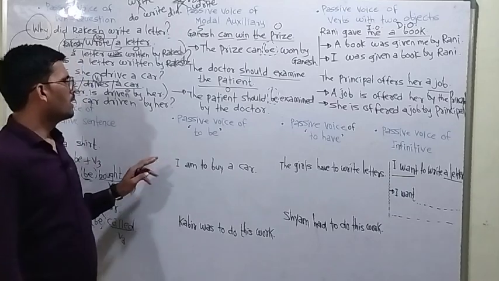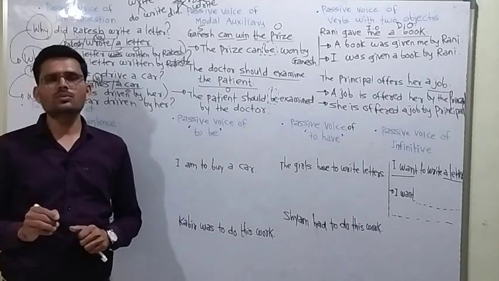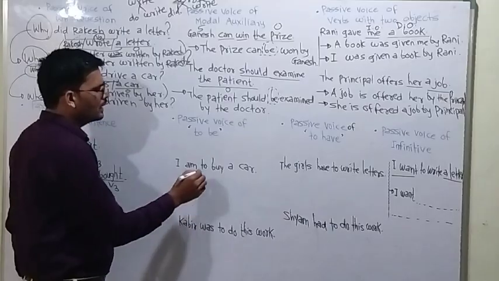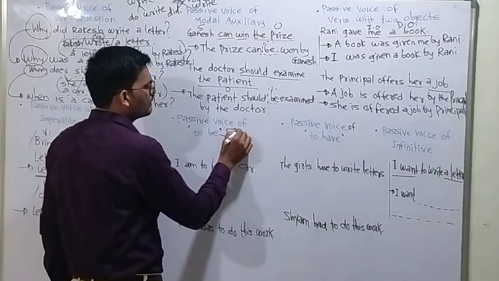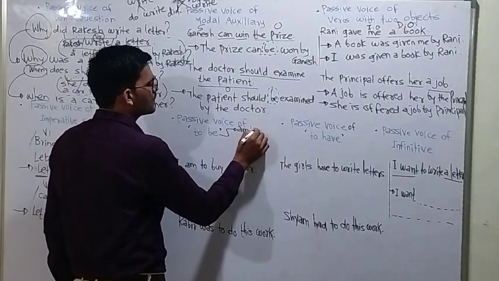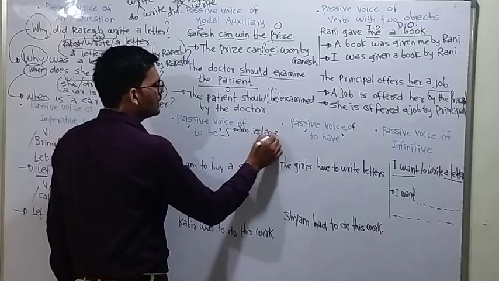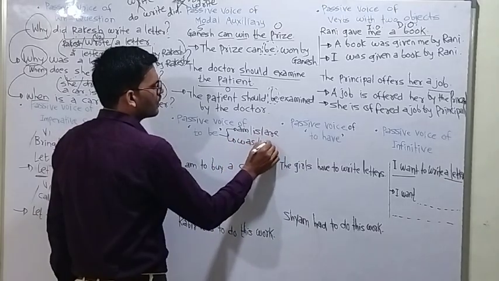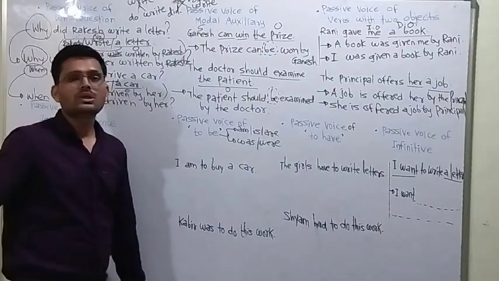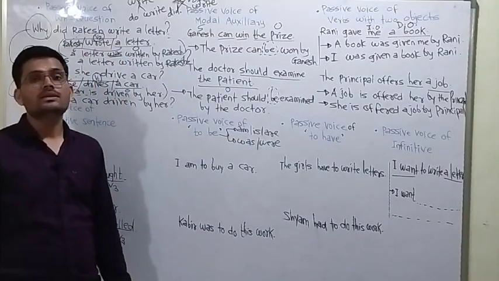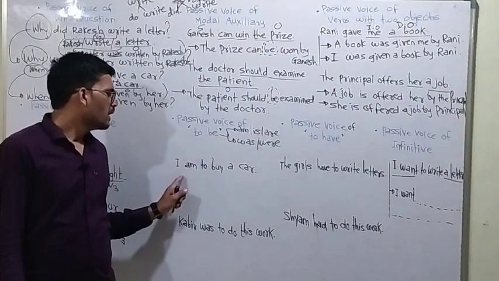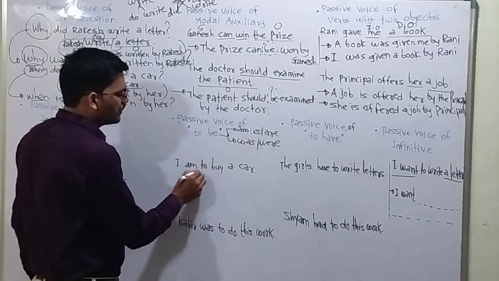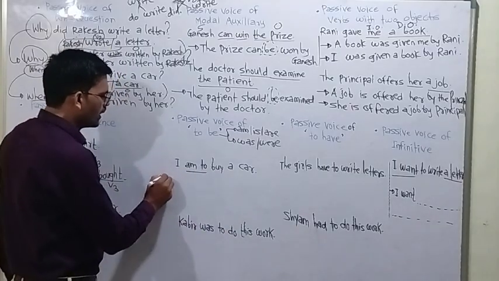Next one, passive voice of to be. What is to be? There are present to be and past to be. In present to be, there are am, is, are. In past to be, there are was, were. We are going to convert active into passive of to be only. In this way: I am to buy a car.